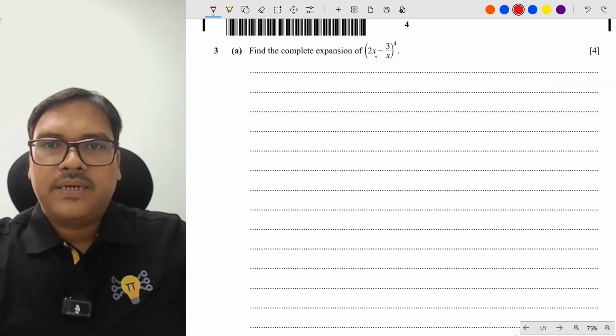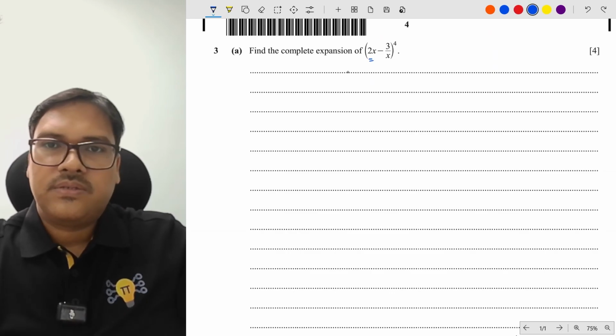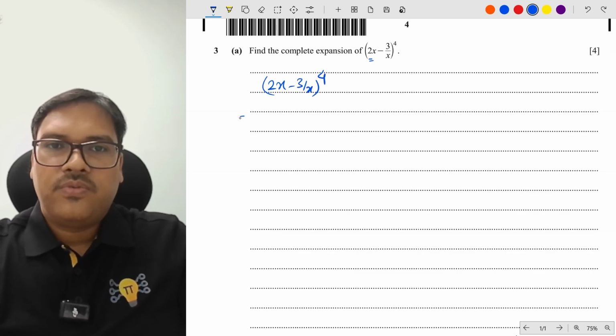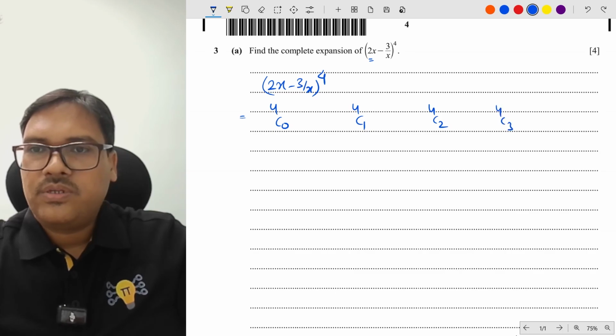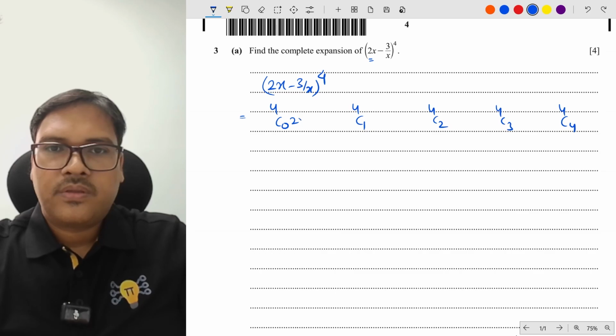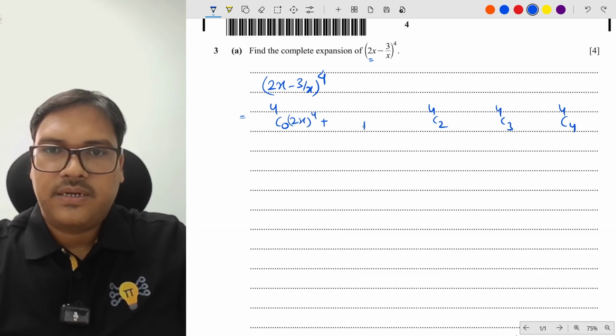Now write the complete expansion of this. So if you write the complete expansion, you can see this is 2x minus 3 by x raised to 4. Now we know this is 4c0, 4c1, 4c2, 4c3, 4c4, right? This is 2x raised to 4 plus, okay, let me write it here.